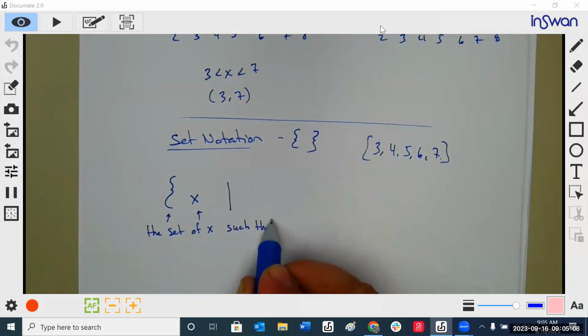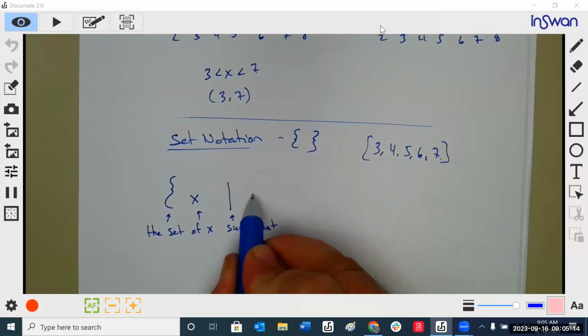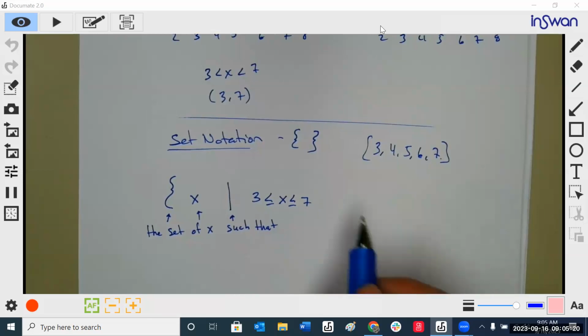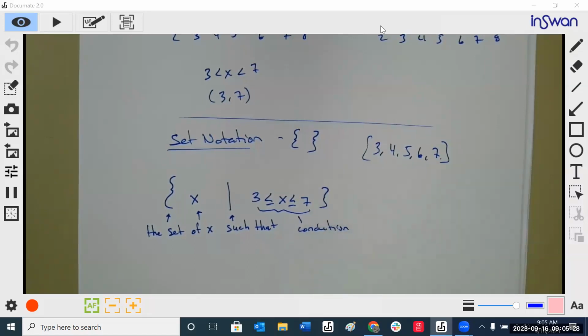Such that, that's what that symbol means. Here's my condition. That's the way it's supposed to be written.